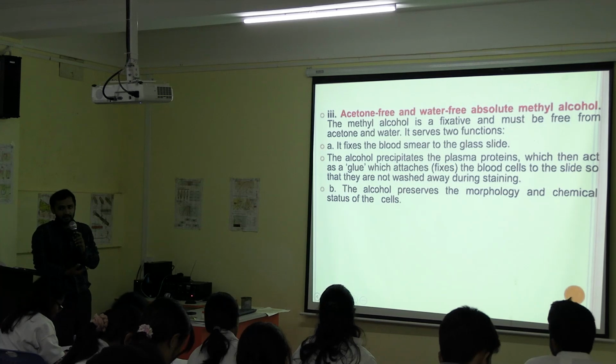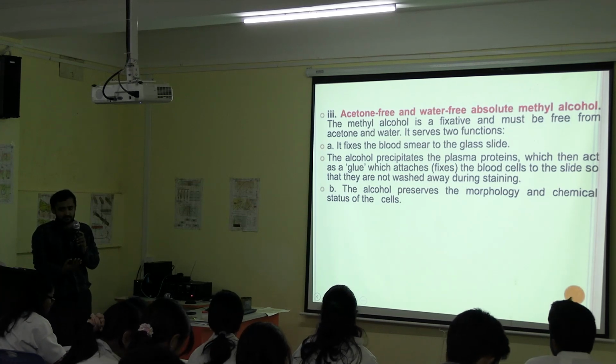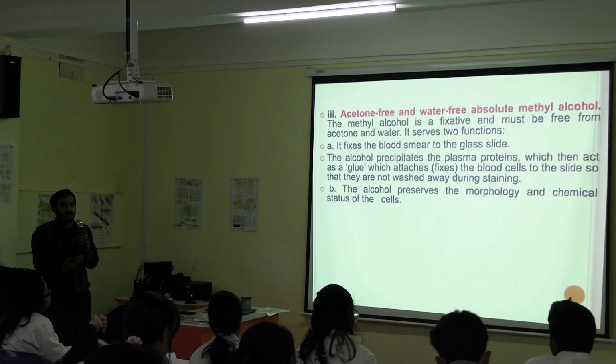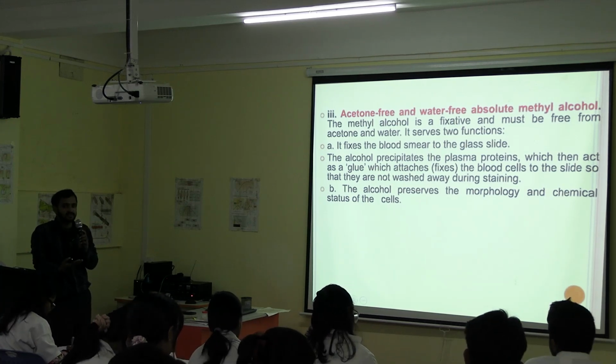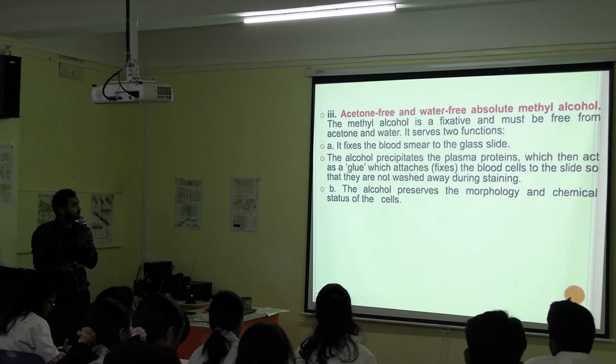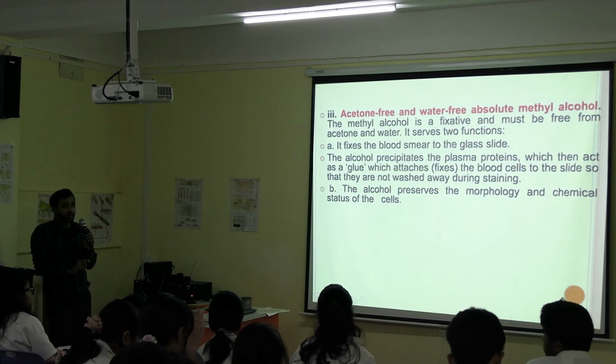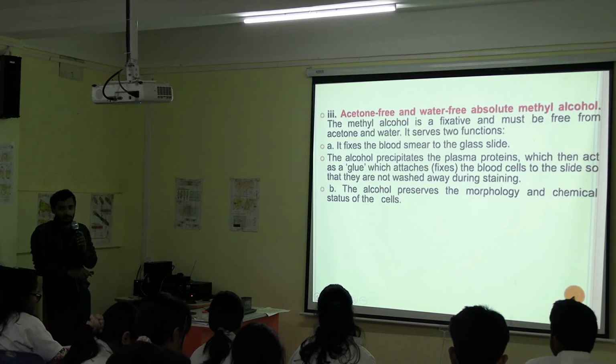When you are taking the blood, there will be presence of plasma proteins, na? So this will cause precipitation of those proteins, and this will allow it to fix with the slide. Okay, so now you know why we need to have acetone-free, water-free, absolute methyl alcohol.